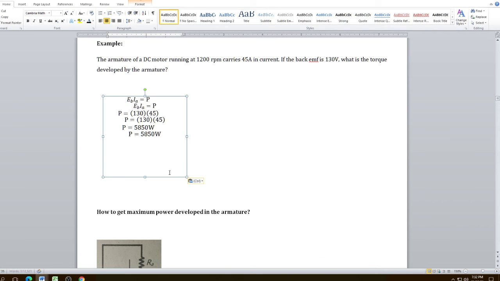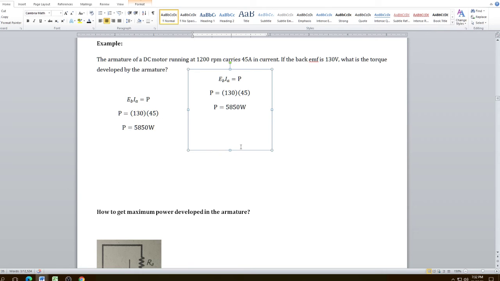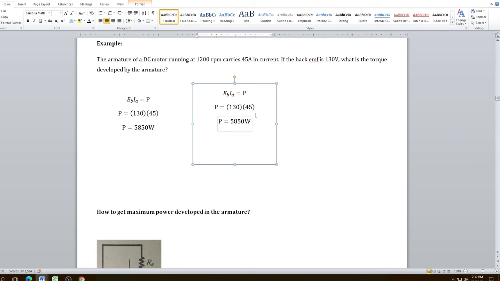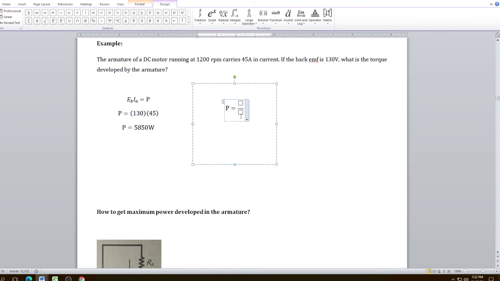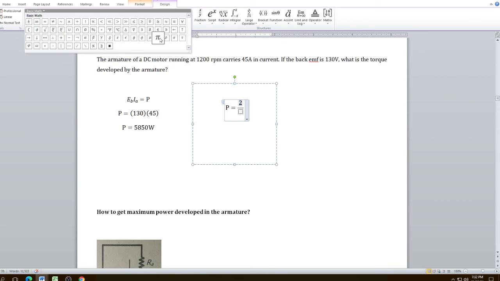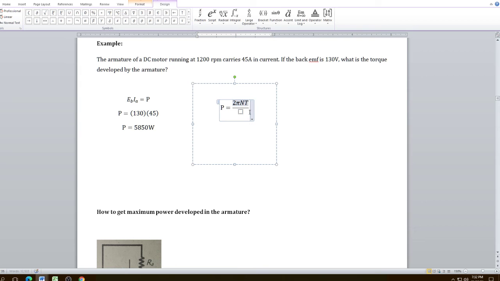The problem is asking for the torque. Remember the formula in watts: we have 2 pi NT over 60, where P is in watts and N is in RPM, the speed.